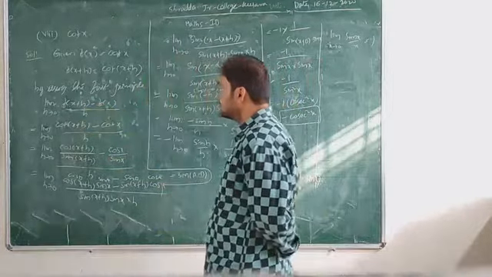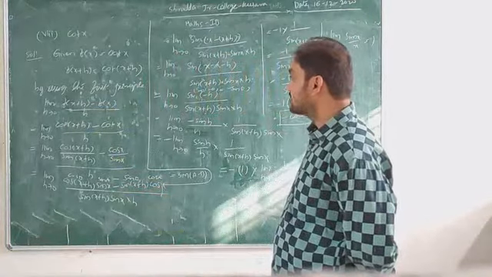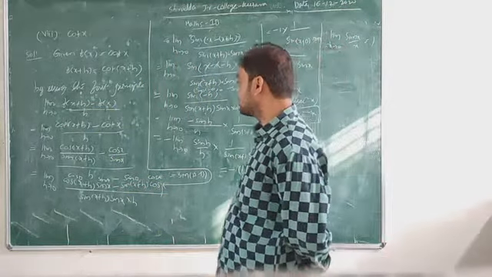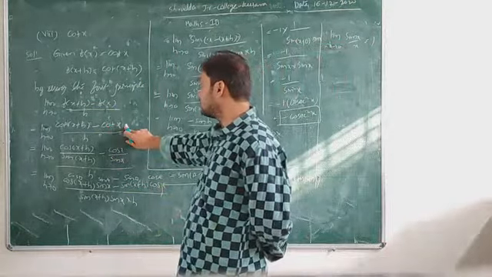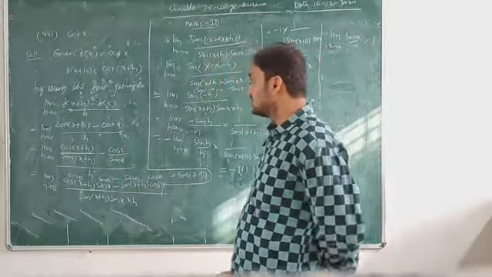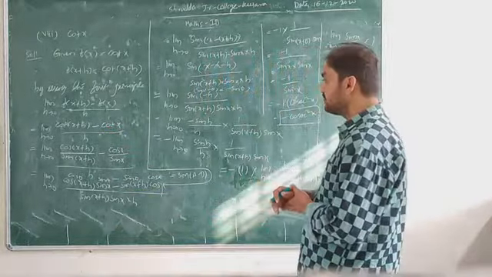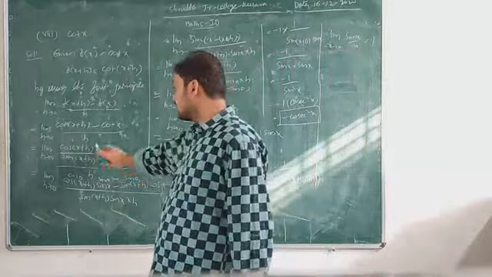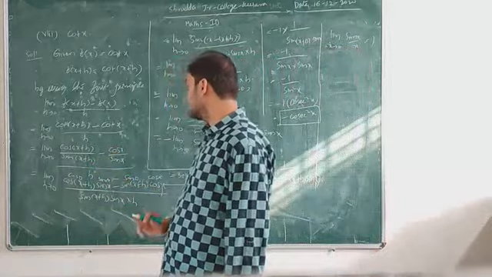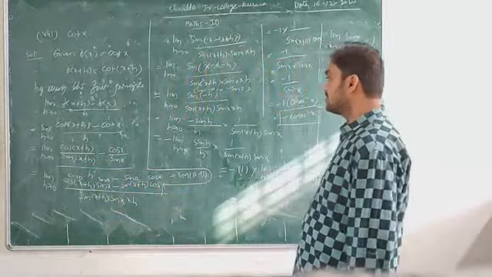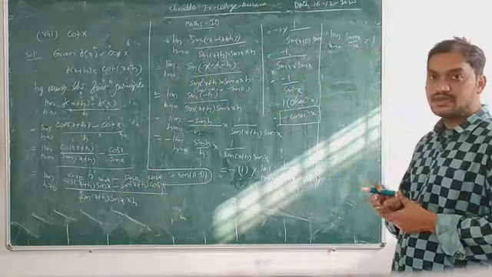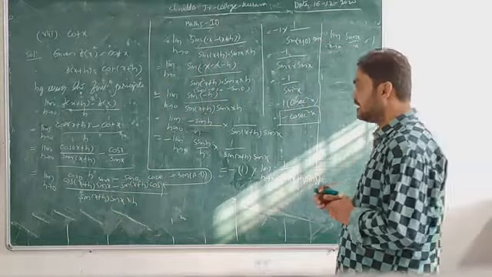See now, limit h tends to 0, f of x plus h means cot of x plus h minus cot x by h. Cot theta means cos by sin. Now here cos of x plus h by sin of x plus h minus cot x, that is cos x by sin x, by h.